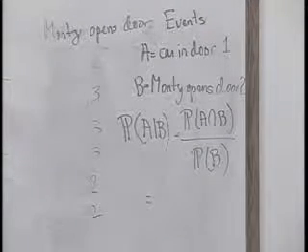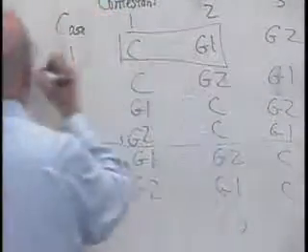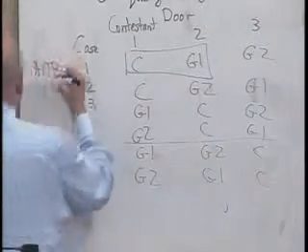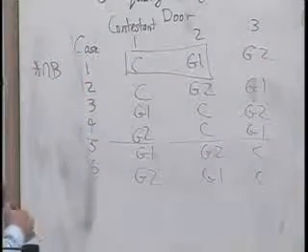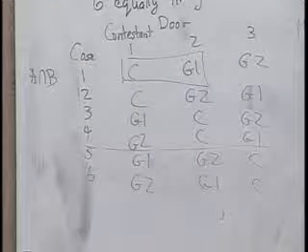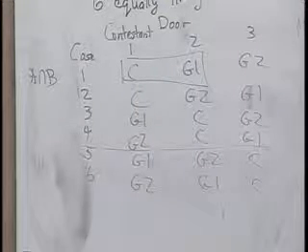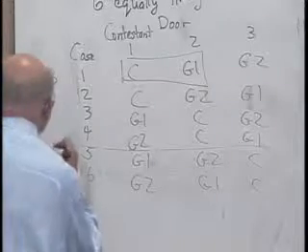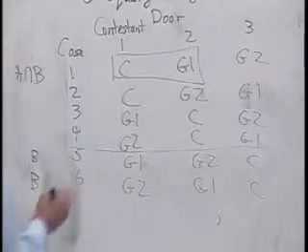And looking at these 6 equally likely individual outcomes, what's the probability of A intersect B? Which is the only one of these that corresponds to A intersect B? The first one, right? This is the only one where the car is behind door 1 and Monty opens door 2. Which are the others that correspond to event B? 5 and 6. Okay?